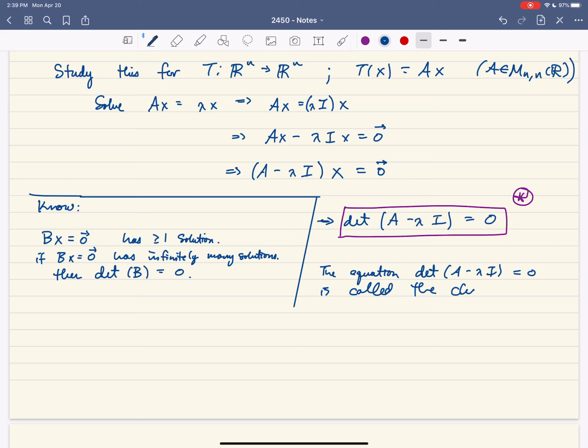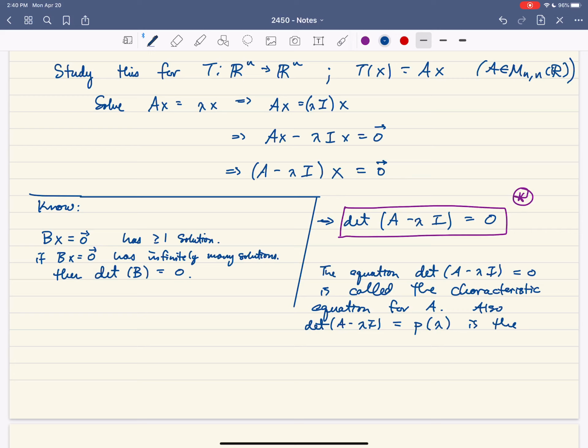for the matrix A. And actually the left side, the determinant of A minus lambda I, also has a name. Usually we write it as P of lambda.